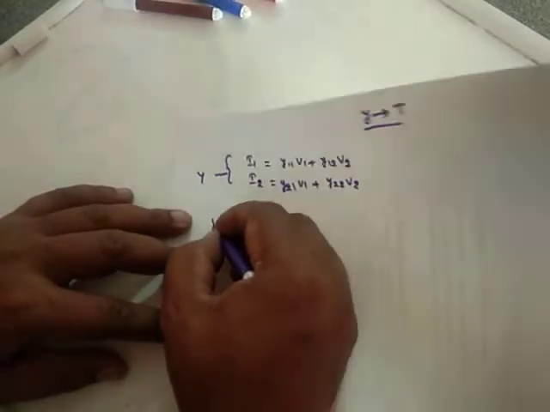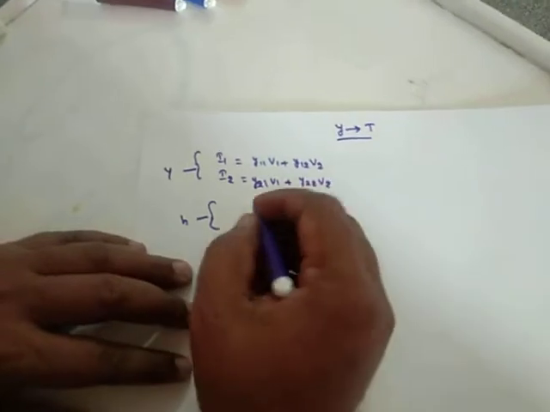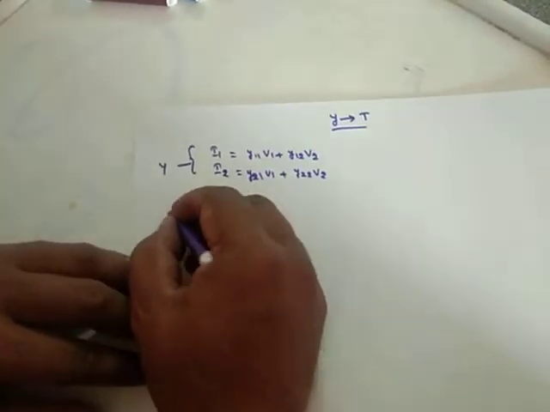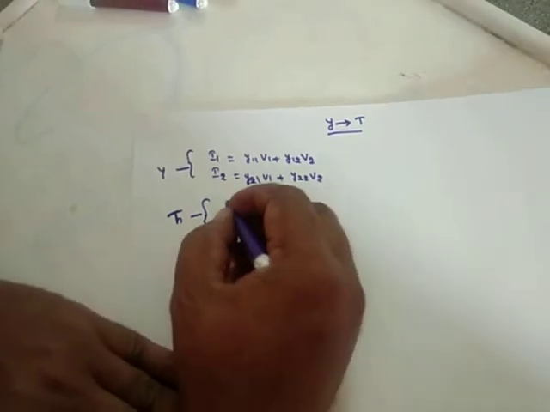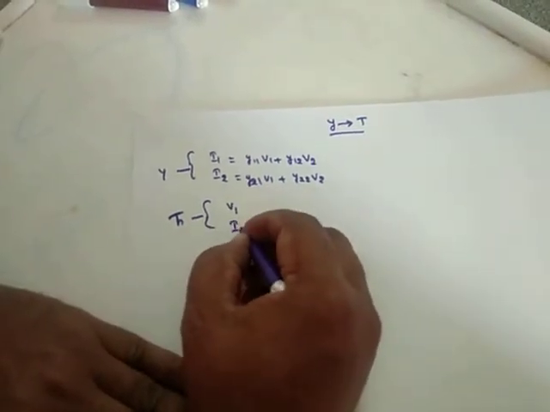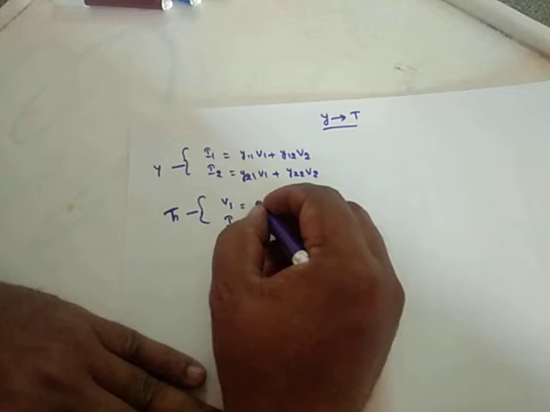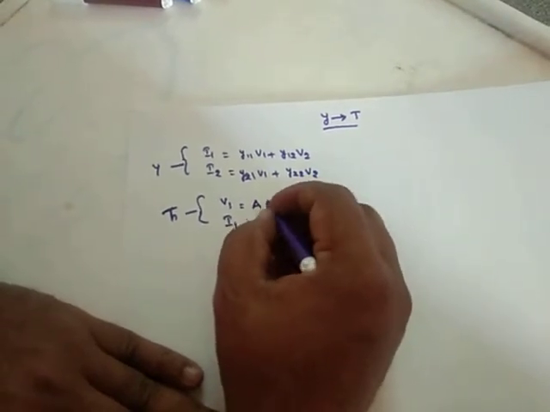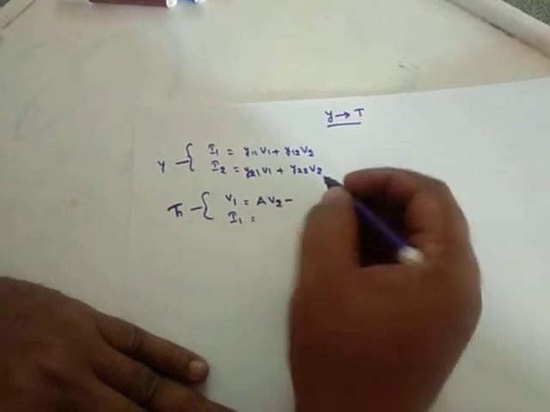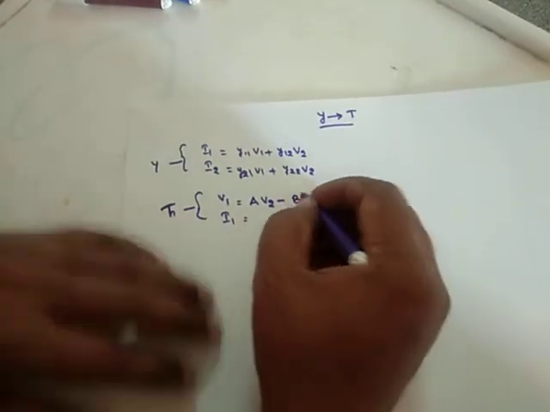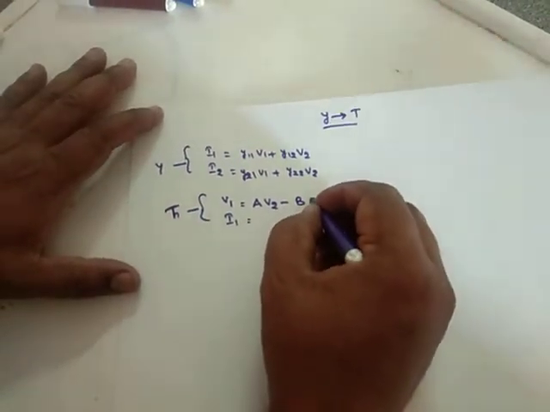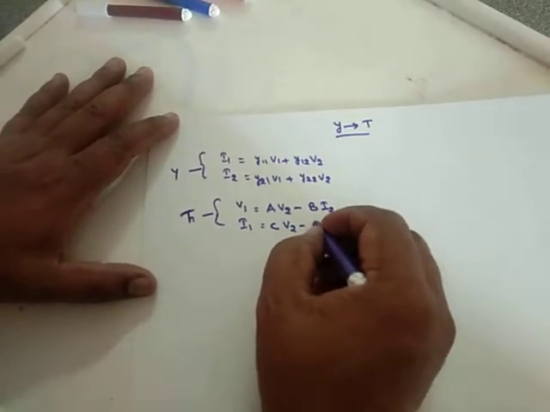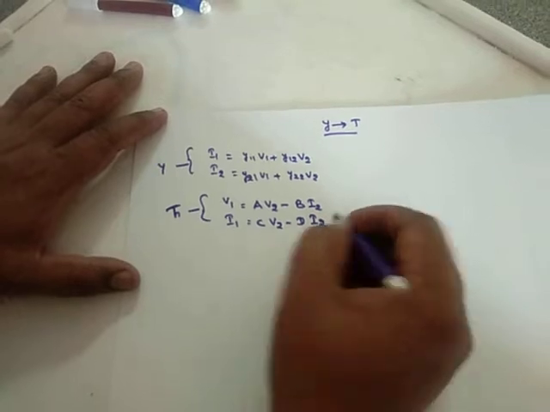Similarly, T parameters are ABCD parameters. Here V1, I1: V1 is equal to A into V2 minus B into I2, and I1 is equal to C into V2 minus D into I2.